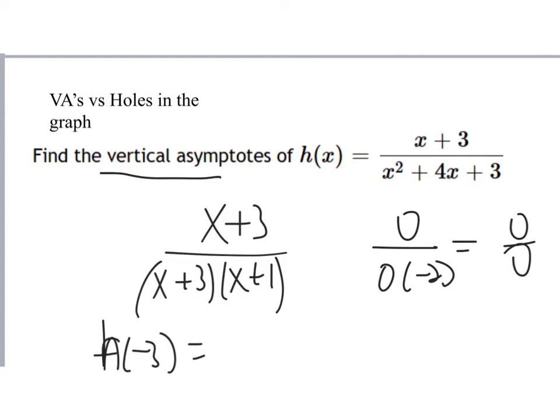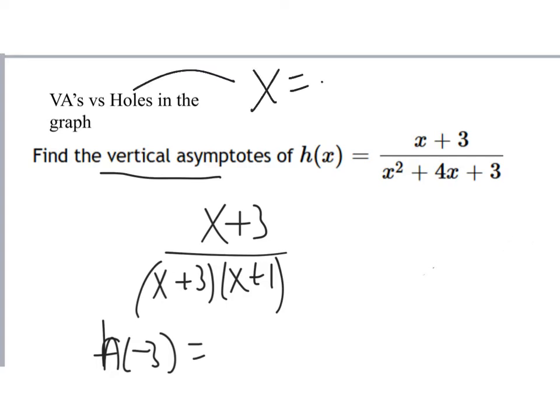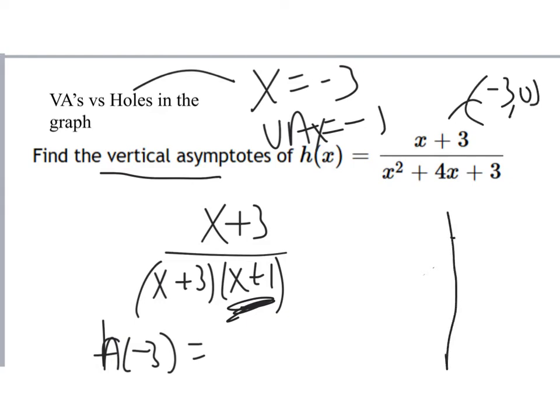So if I were to graph this, I could throw it in Desmos, but I'll just do it by hand. I know there's a hole at x equals -3, and there's a vertical asymptote at x equals -1 because of that piece there. And I also know it crosses the x-axis at -3, 0. So let's do a little bit of graphing here. A vertical asymptote at -1.